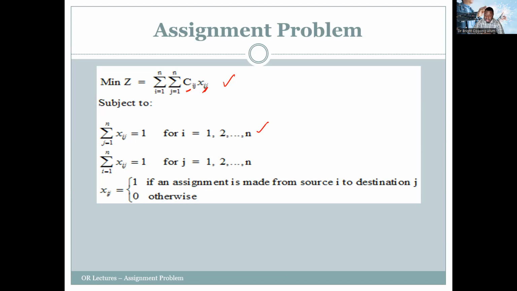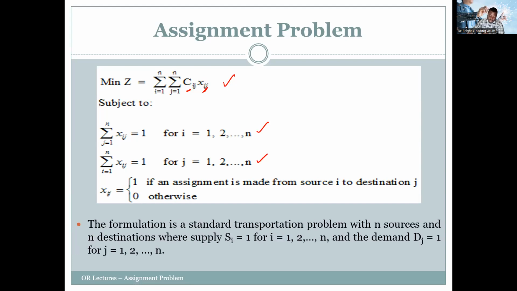Usually we say that the number of sources, or the number of assignments, will be equal to 1, and the number of destinations will also be equal to 1. So assignment is either 1 or 0: either we are assigning or we are not assigning.